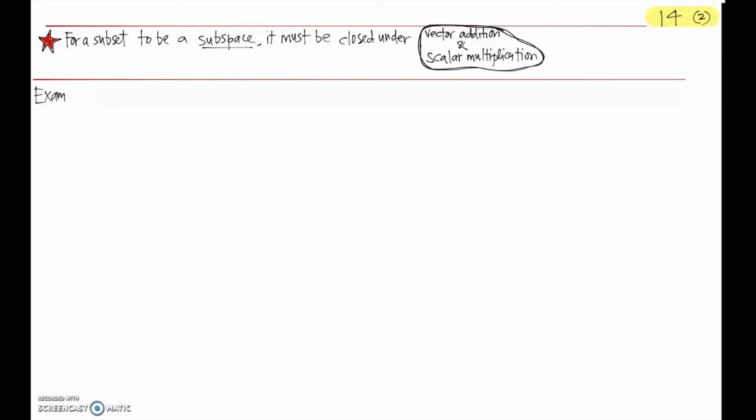And right off the bat, we're going to prove something is a subspace. So we'll say let W be the subset of R3 of all vectors of the form A, B, B. So you could think about what those would look like.